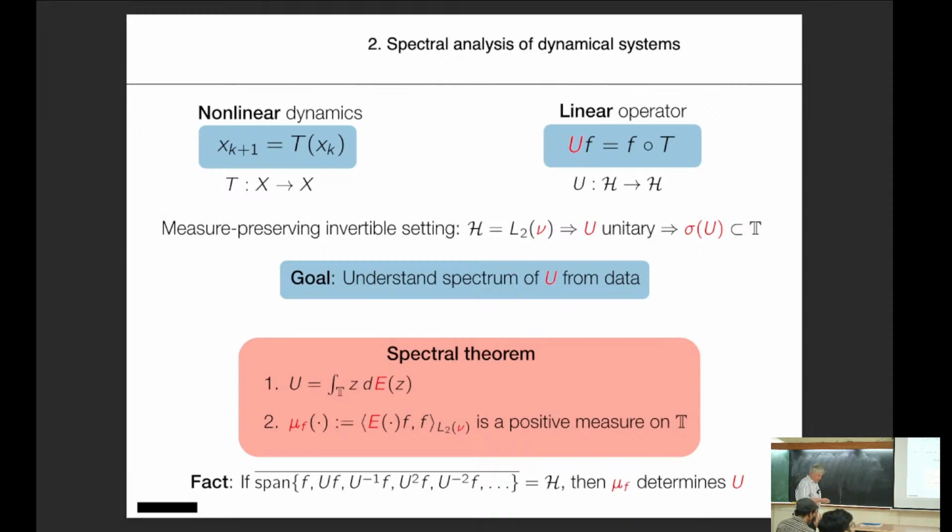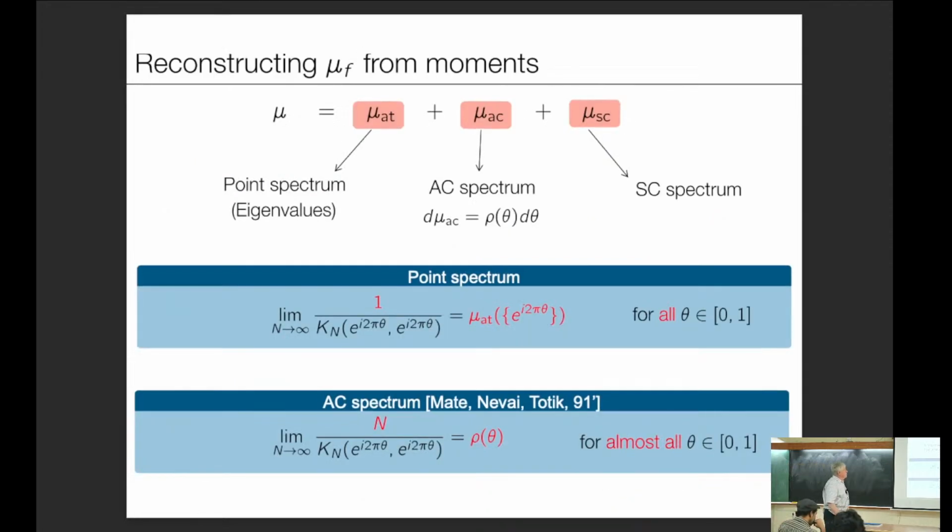Obviously, this will determine U, it is a bicyclic vector. And we have now the spectral analysis. What we are doing here is essentially spectral analysis of a unitary operator, namely the absolutely continuous part, point masses, and the singular continuous part.